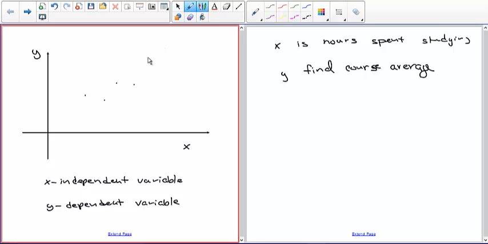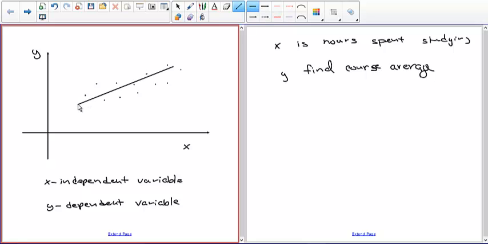Okay. So you plot that data and you get some kind of result like that. So you have so many pairs of x and y values. And in general, what we would see is, well, it looks like in general that the more hours you study, the better grade you get in the class. That wasn't a big surprise, hopefully.